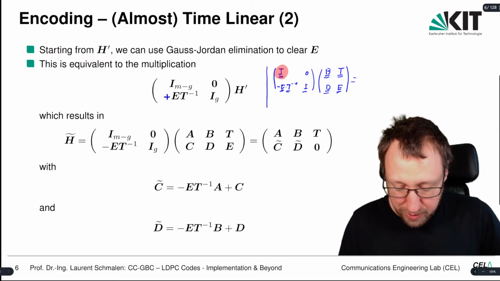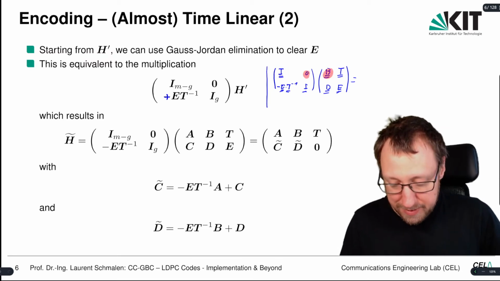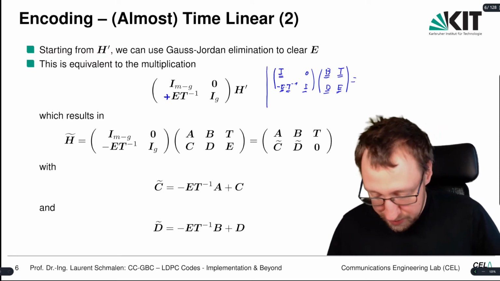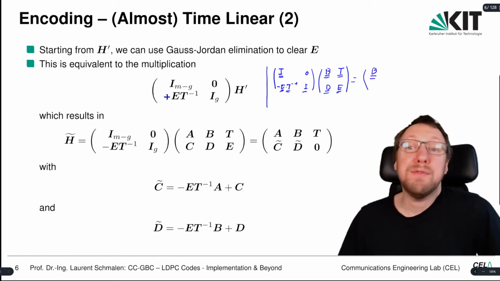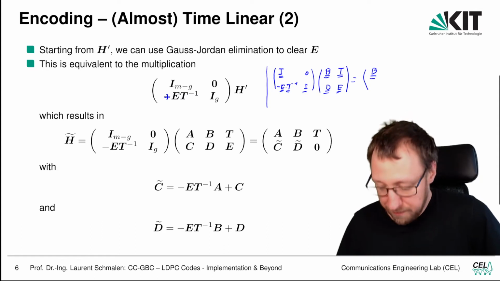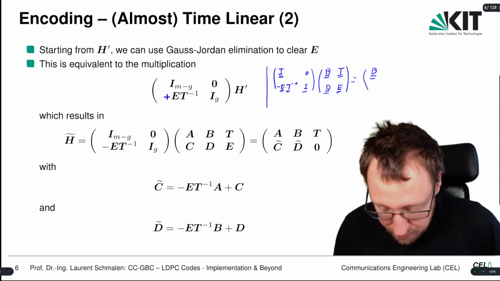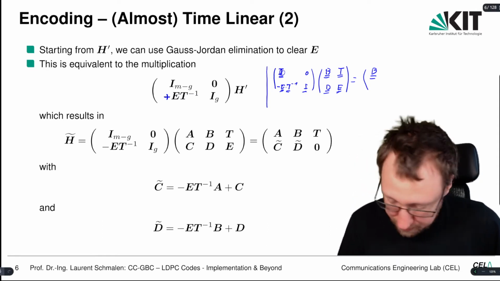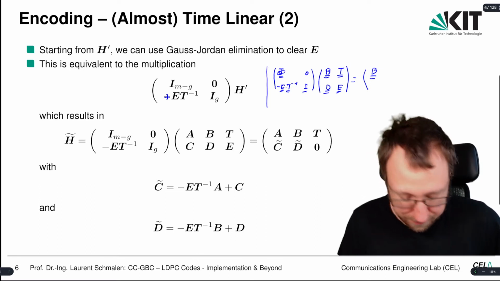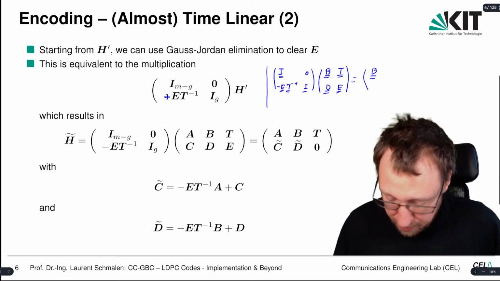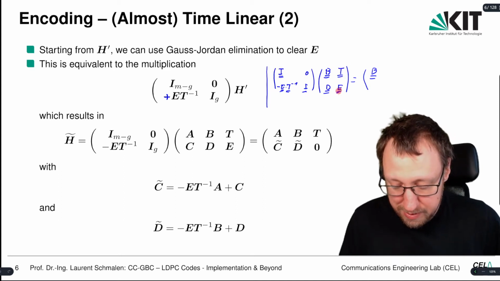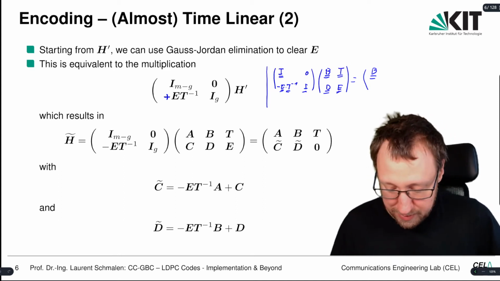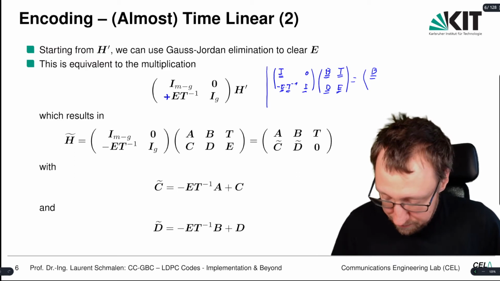It's the identity matrix times B plus 0 times D, which is just equal to B. That essentially leaves the first row unchanged. Then we have the identity matrix times T plus 0 times E. That just leaves us with T.